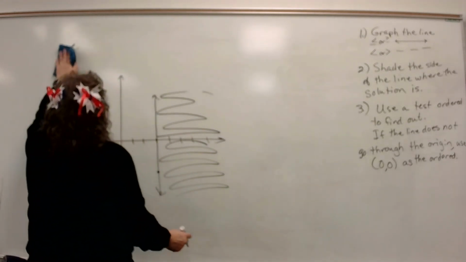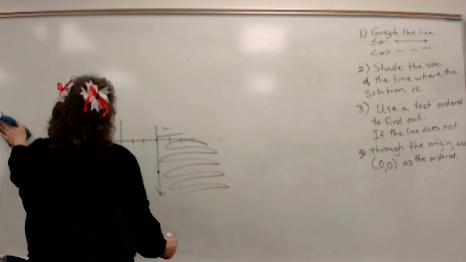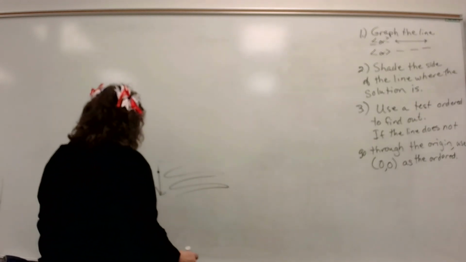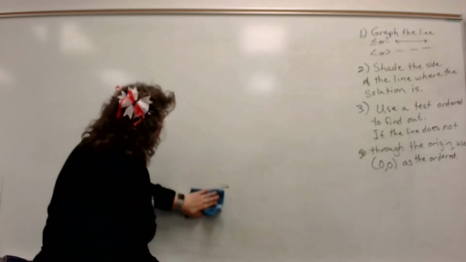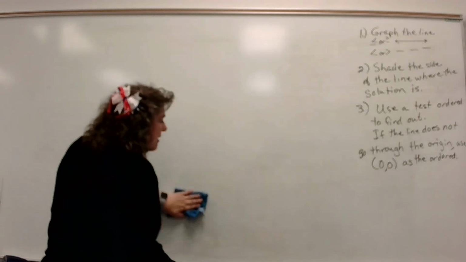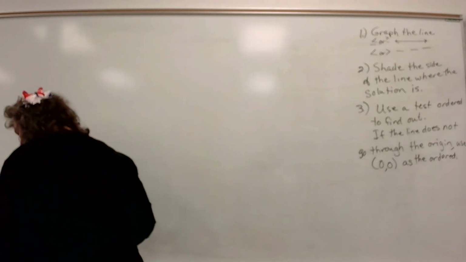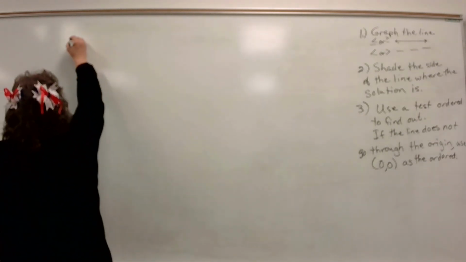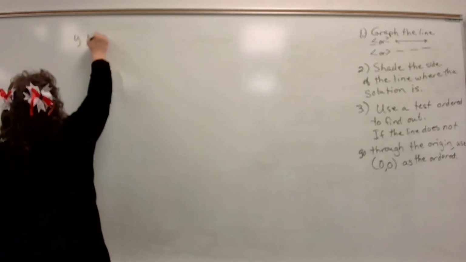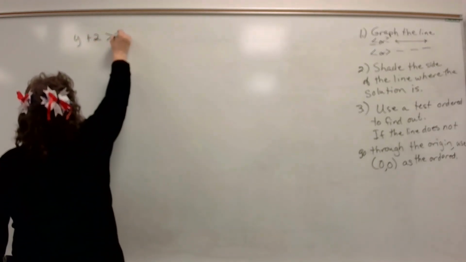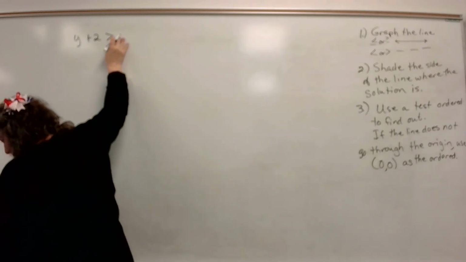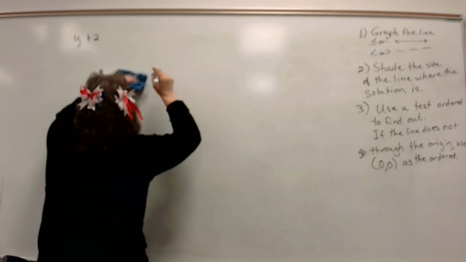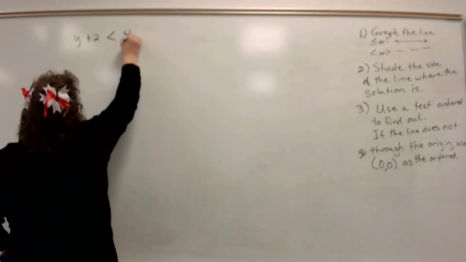Now let's look at another special case. That was a special case with x being the only variable. Now let's look at one with y being the only variable. Let's go with less than instead of greater than. Less than 4.